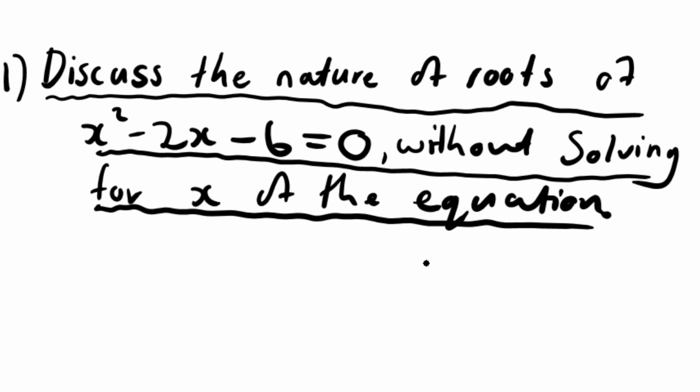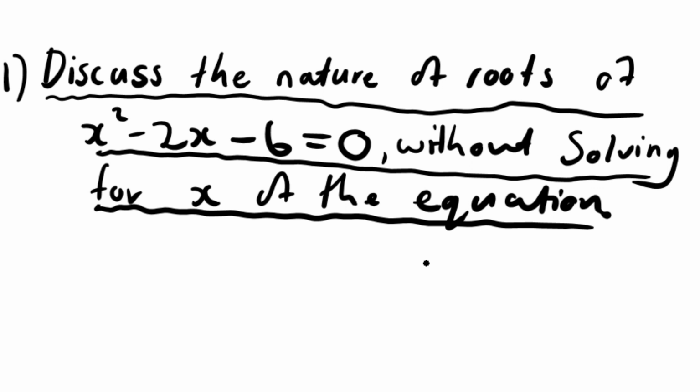Remember we have 4 cases: when delta is equal to 0, when it's less than 0, and when it's greater than 0 twice, the first time when it's a perfect square, and the other when it's not a perfect square.